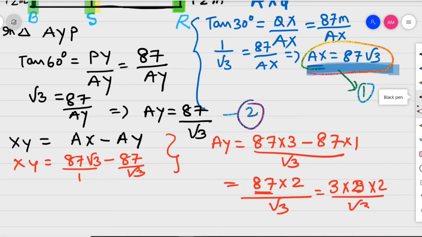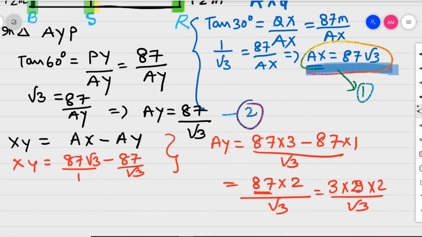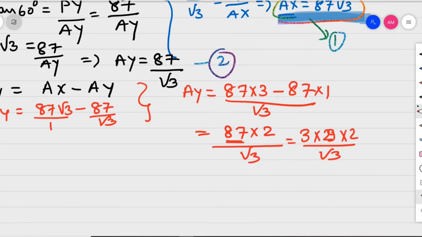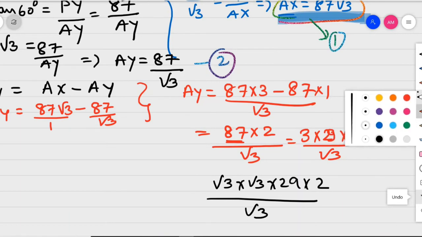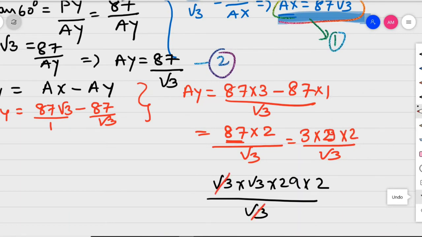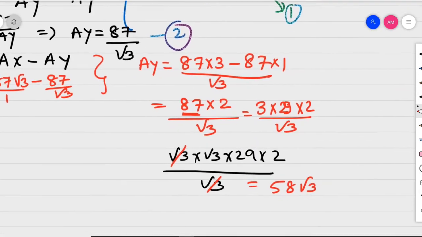by root 3. Now see, you can write the 3 in the numerator as root 3 into root 3. So root 3 into root 3 into 29 into 2 divided by root 3. So you can cancel the root 3. Now you are left with 58 root 3. So the distance between X and Y is 58 root 3 meters.